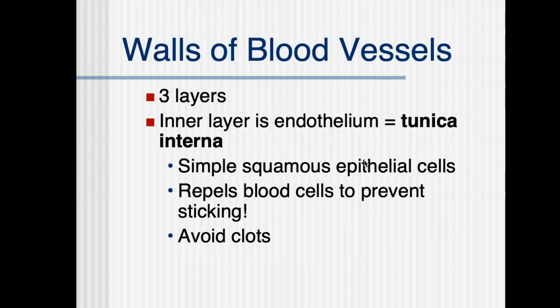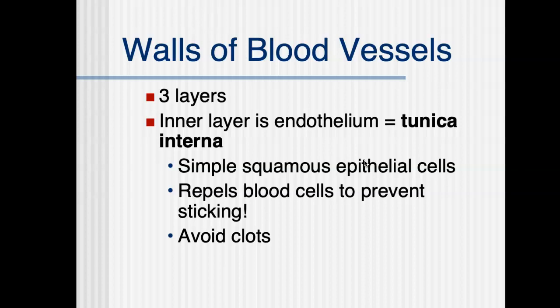Okay, we want to be able to dissect one of these vessels and look at it in cross-section, as if you were to take this tube and cut across it like you're cutting a big loaf of bread down the middle. What are you going to see? Well, the layers are all called tunicas.